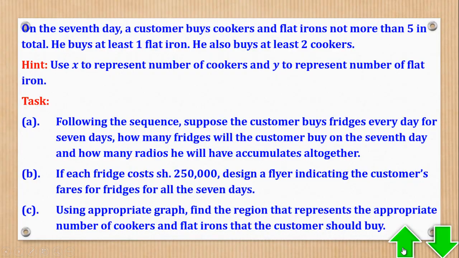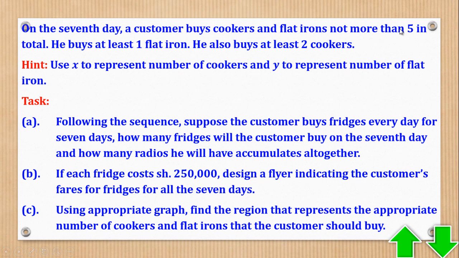So task C, they said, using an appropriate graph, find the region that represents the appropriate number of cookers and flat irons that the customer should buy. So here they told us that on the 7th day, a customer buys cookers and flat irons, not more than 5.